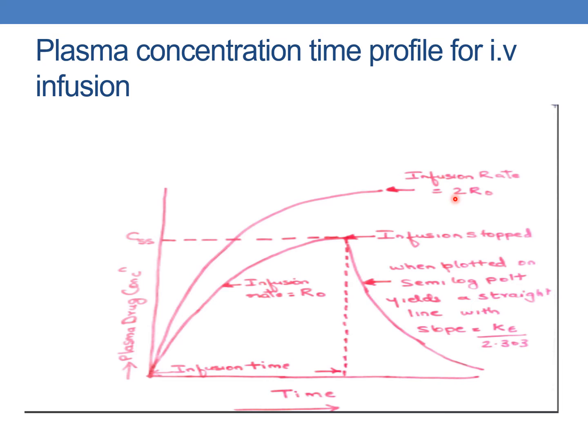An increase in the infusion rate will merely increase the plasma concentration attained at the steady state. But the time to reach the steady state is dependent on the elimination half-life and not the infusion rate. So this is an important point to remember.